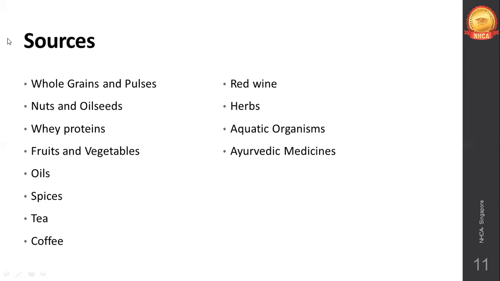Fruits and vegetables are great sources of vitamin C, beta carotenes, tocopherols. In vegetables, bhindi, that is ladyfinger, okra, red cabbage, beans, broad beans, raw mango.